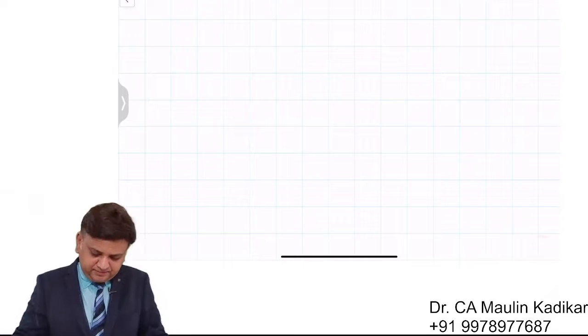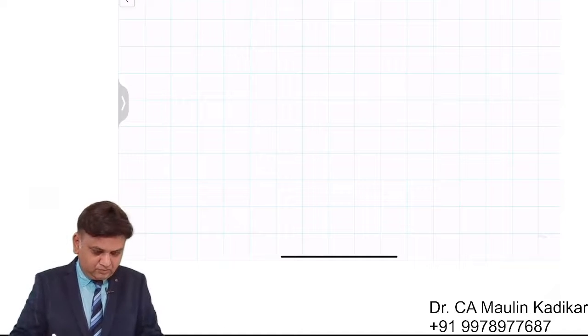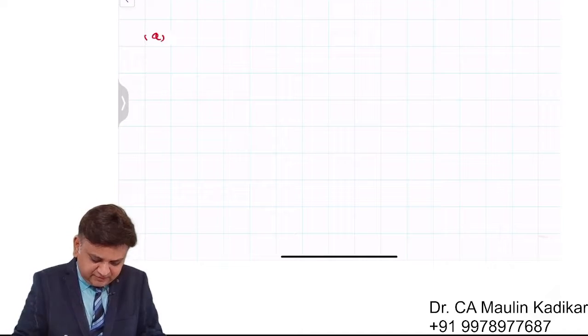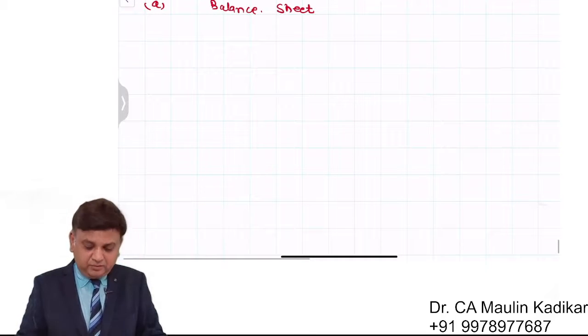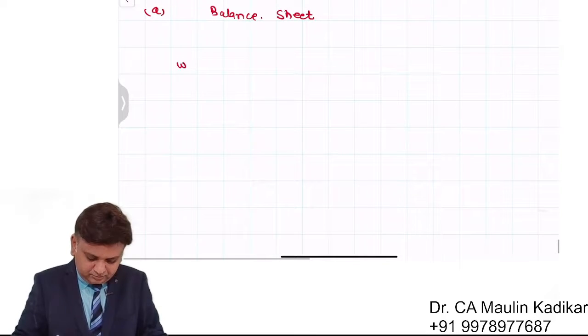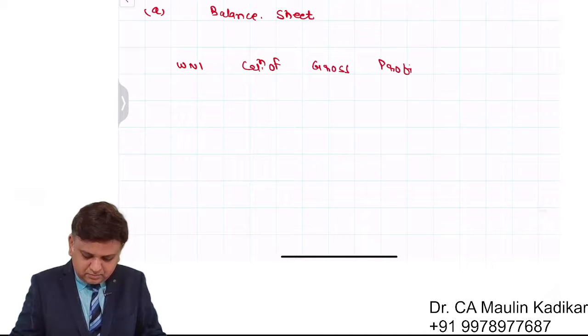Please write the answer. Answer for the A part of the question, balance sheet. Write down working note number 1, calculation of gross profit.